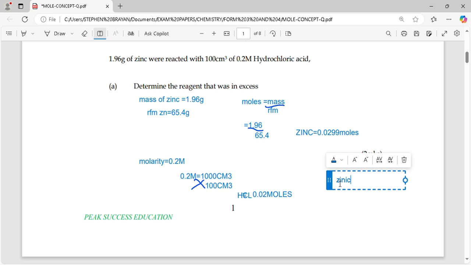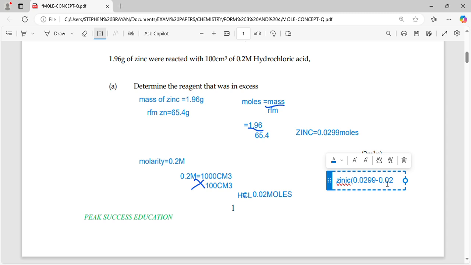You can get another question asking by how much. If asked which reagent was in excess, it was zinc. By how much? You take the moles of zinc, which is 0.0299, and subtract the moles of hydrochloric acid, which is 0.02 moles.